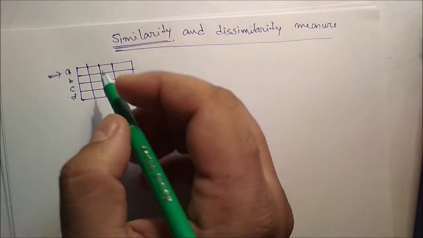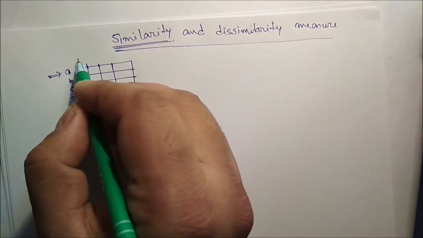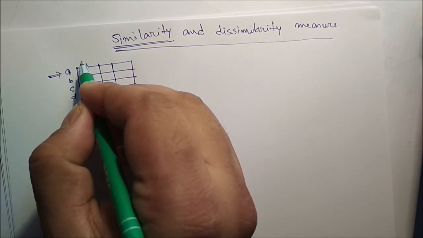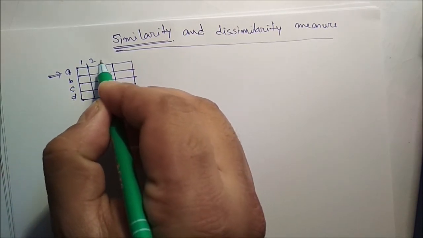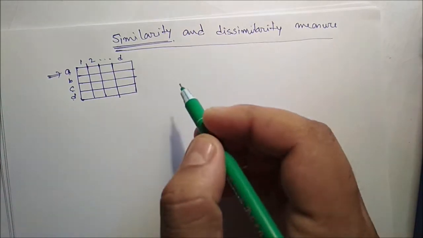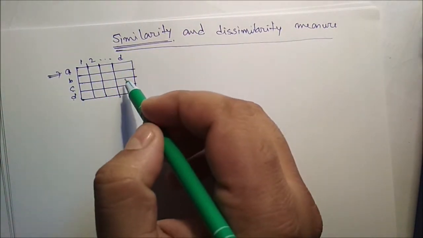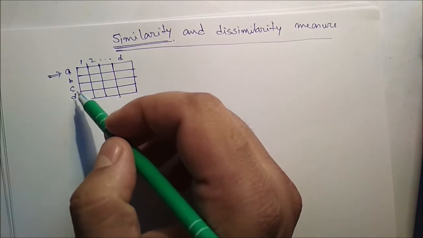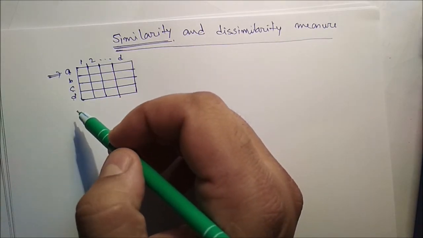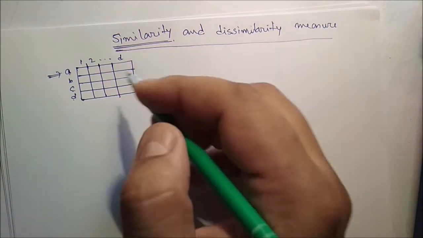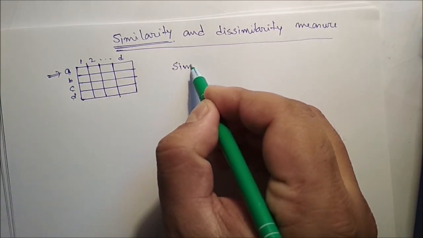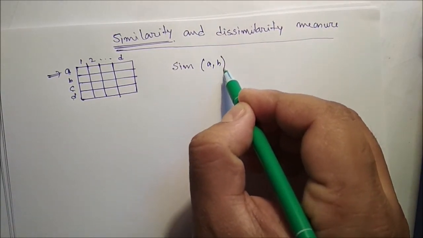And the dimension of the data, we can say, is 1, 2 up to D. So D is the number of attributes or dimension of the database. A, B, C, D are the rows or tuples or data of the table. So our aim is to identify similarity between A and B.